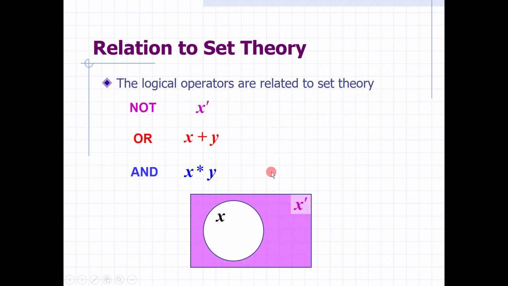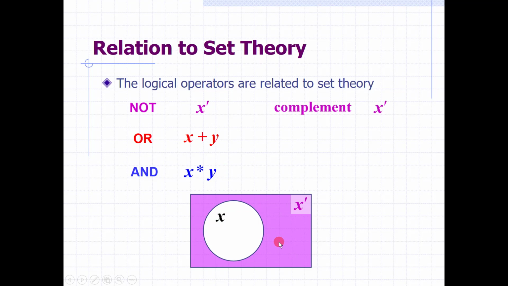In set theory, we often use these things called Venn diagrams, and we have the whole universe being, say, this box, and then we let X be represented by a circle, the area of that circle. So if I want to represent not X, it's everything not in the circle, and I can shade that. If I wanted to know what X was, I would shade X. To do the or and the and, I guess I would need another circle.